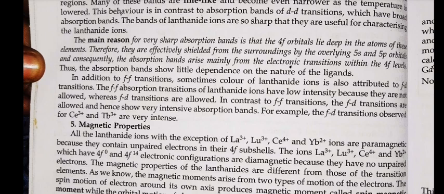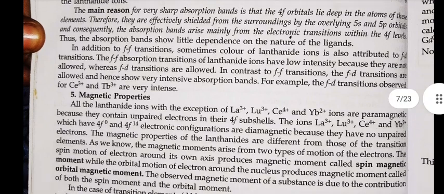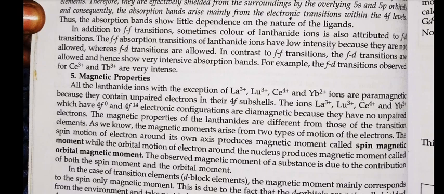Thus, the absorption bands show little dependence on the nature of the ligand. In addition to f-f transition, sometimes the color of the lanthanide ions is also attributed to f-d transition. The f-f absorption transitions of lanthanide ions have low intensity because they are not allowed, whereas f-d transitions are allowed.